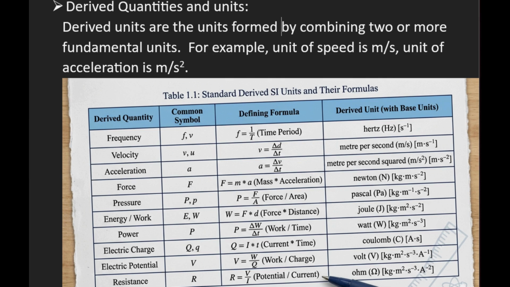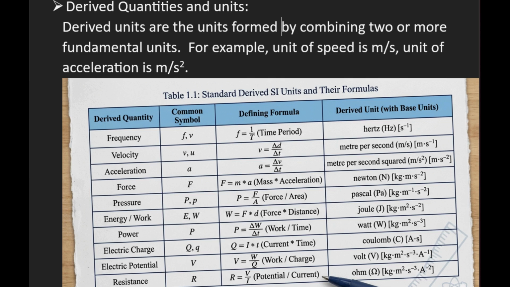Another example is acceleration. To calculate acceleration, we need change in velocity and time. So acceleration also depends on other quantities. That is why acceleration is called a derived quantity. Some common examples of derived quantities are area, volume, speed, acceleration, force, work, pressure, and density.